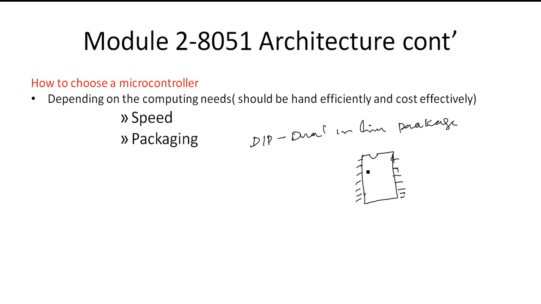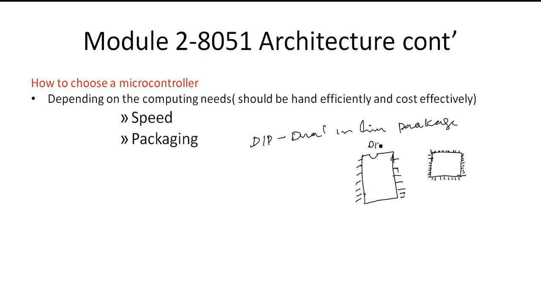Other ICs will be small, and the lines will be very close together and run in and around all sides of the IC. We have the IO port lines, and this structure is very compact compared to the DIP structure.